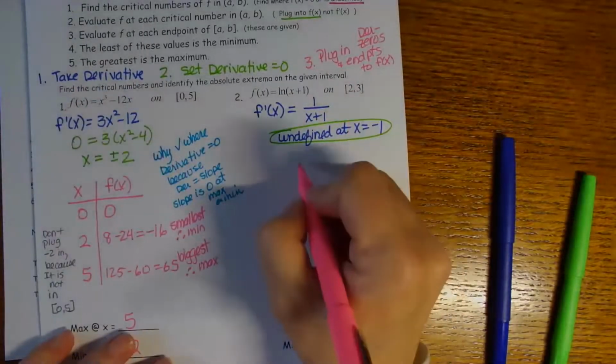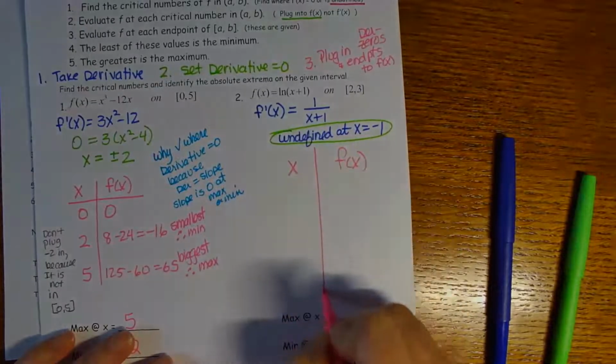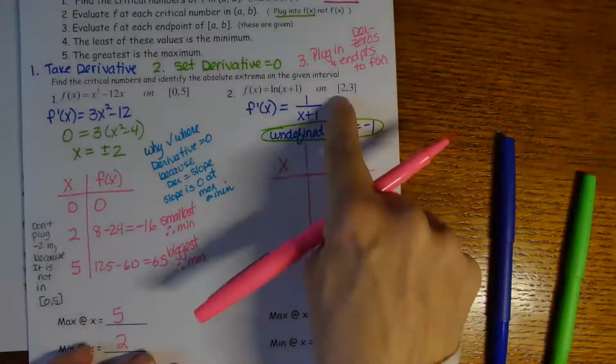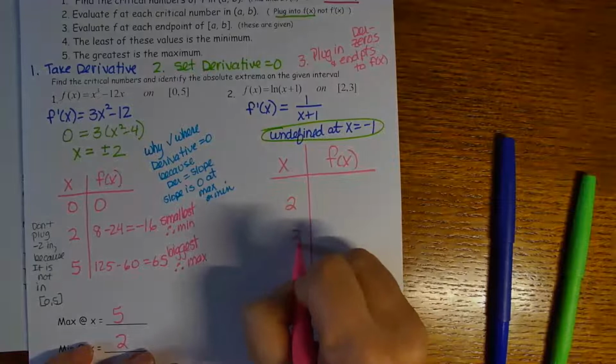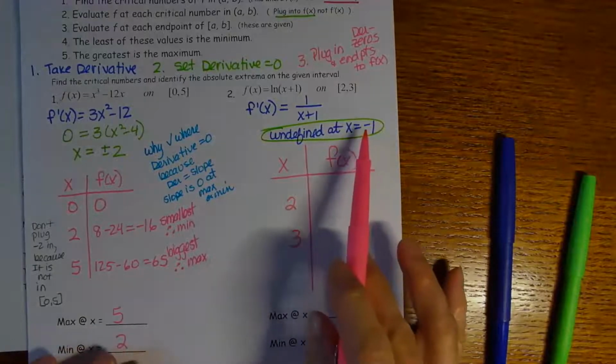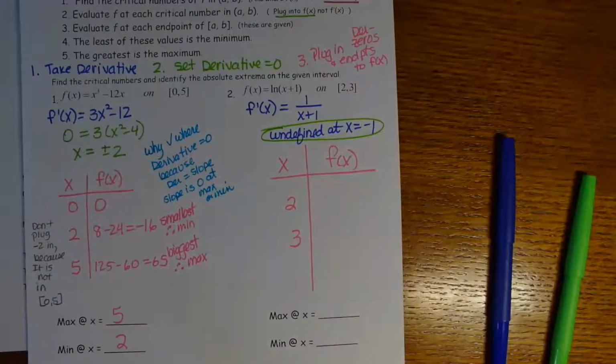Now we're going to go to step 3. And don't pull out a calculator. You can do this with your eye. So we know we're going to check 2, and we know we're going to check 3. Now, is our number -1 in between 2 and 3? No. So are we going to check it?